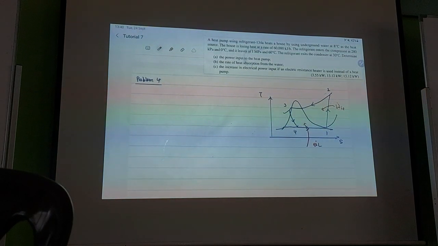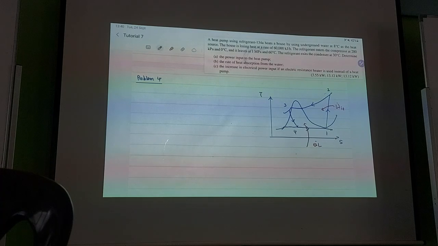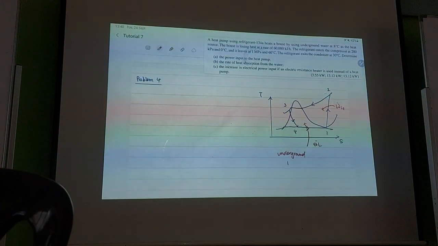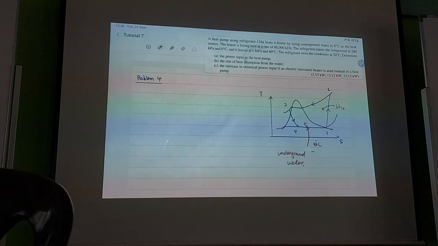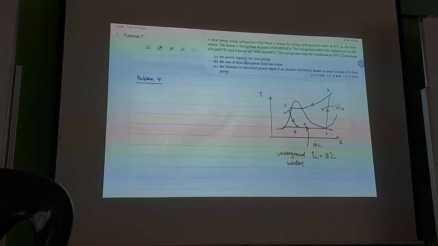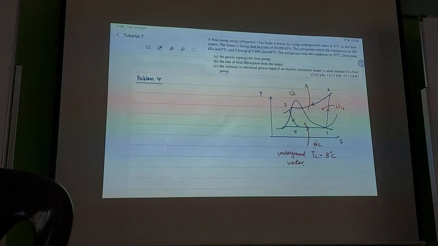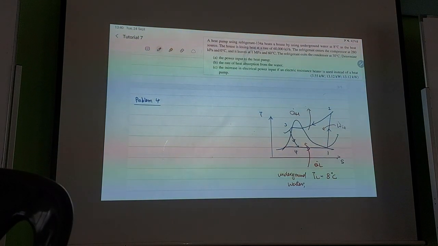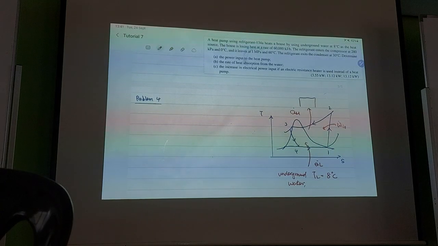This QL comes from underground water. So you have underground water, TL equals 8 degrees Celsius, and it rejects heat as QH. This QH goes to a house. We are warming up a house here.